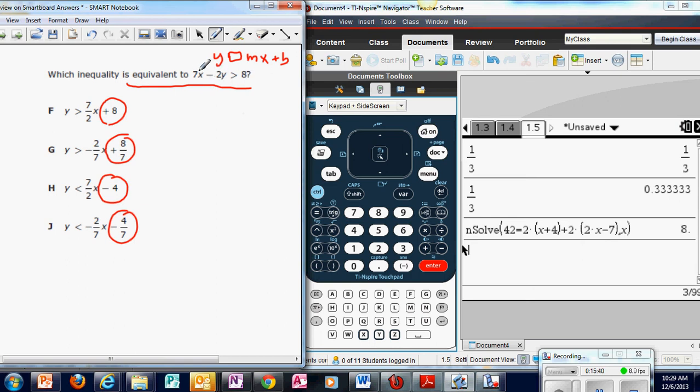The b is on the correct side, but this x term needs to go to the other side of the equation. So when I bring this down, I'll say negative 2y is greater than. I'm going to slide this positive 8 underneath the b because that's what it matches with. And to get this 7x over to the right side, I have to subtract it from each side. So it's going to become a negative 7x.